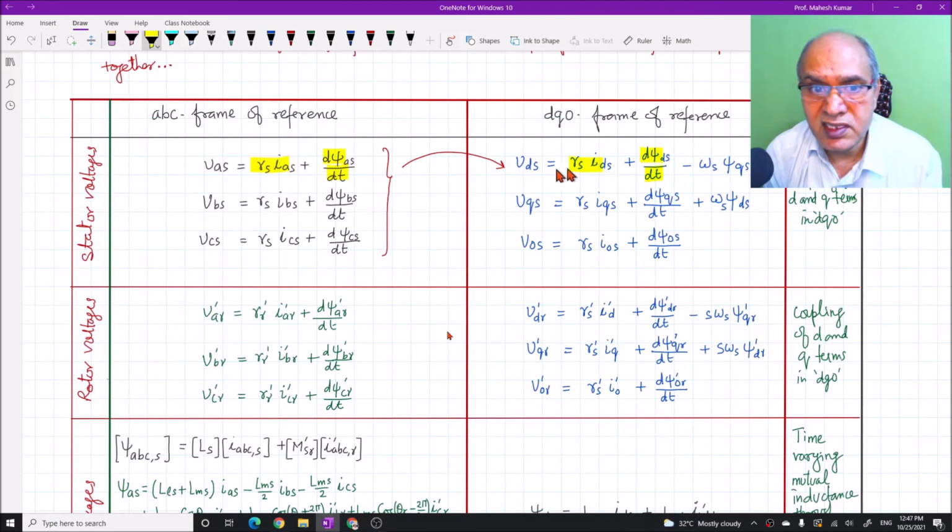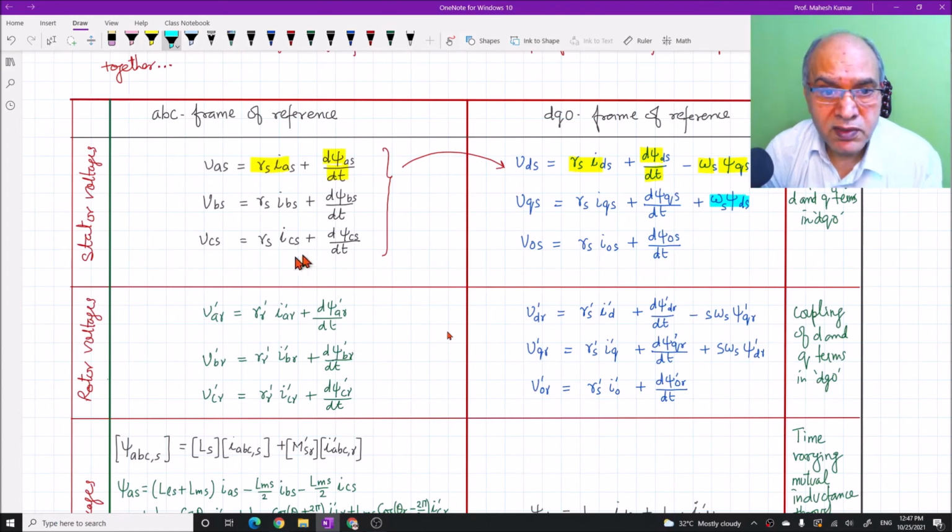VAS becomes VDS, RS becomes RS, same. IAS becomes IDS, d psi AS becomes d psi DS, but there is an extra term that is minus omega psi QS. And in the Q axis term, there is an extra term that is plus omega S psi DS.